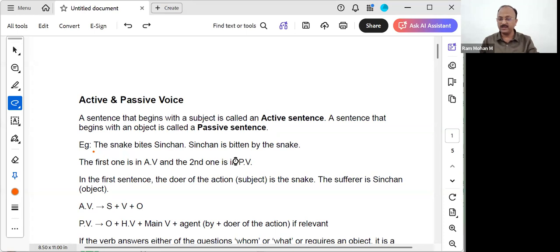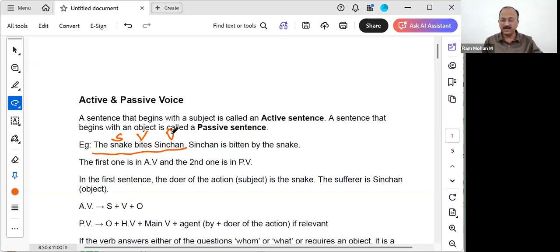Here, what is the object? Sinchan is the object. So the snake bites Sinchan is the active voice because the subject comes first, the verb comes next, and then the object follows. Bites is the verb and Sinchan is the object in this case.